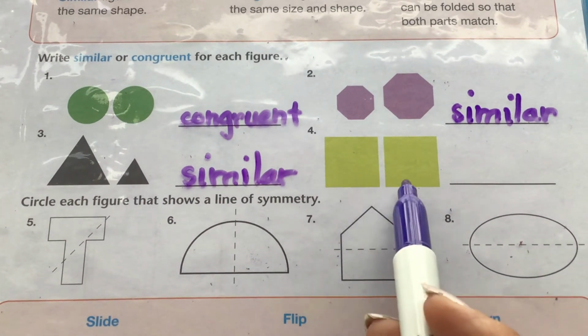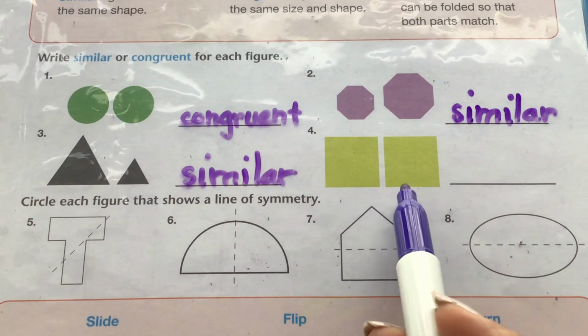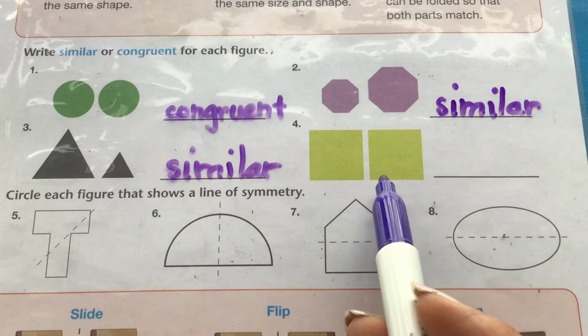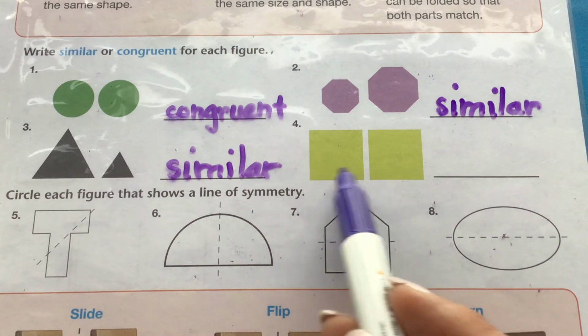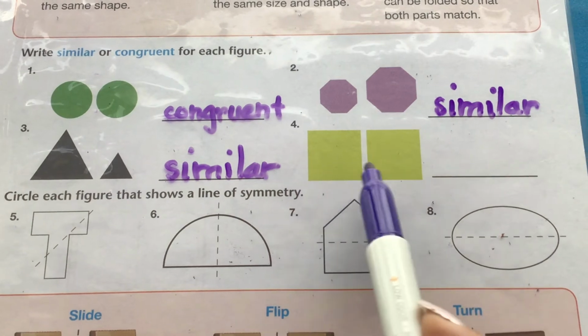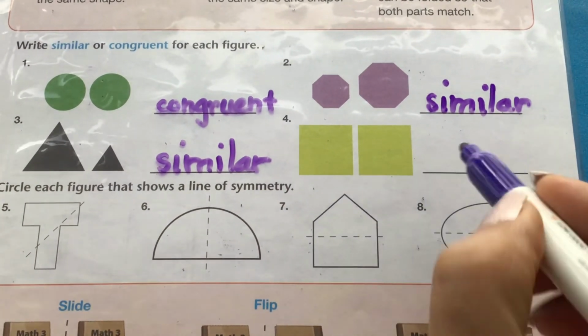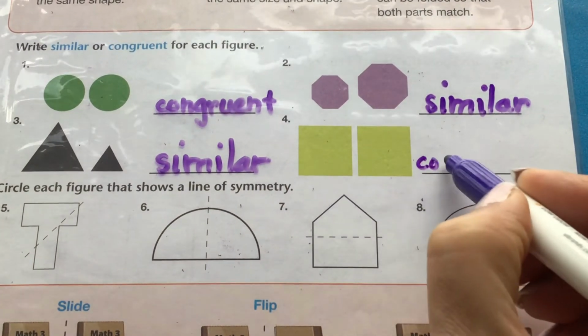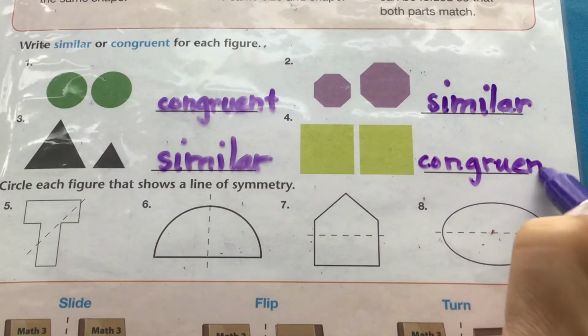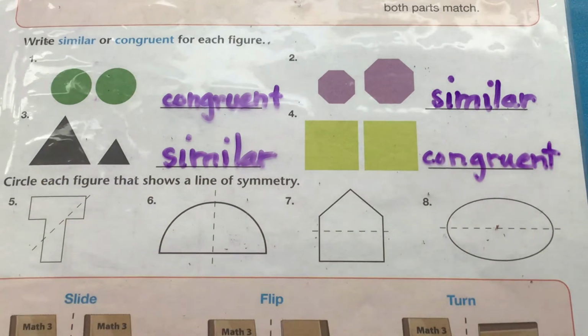The last one is we have green squares here, the bright green squares, and they are the same shape. They're both squares, they're both quadrilaterals, and do they have the same size? Yes, they do. So we would further describe these as being congruent. Sorry about that, I can't talk today.